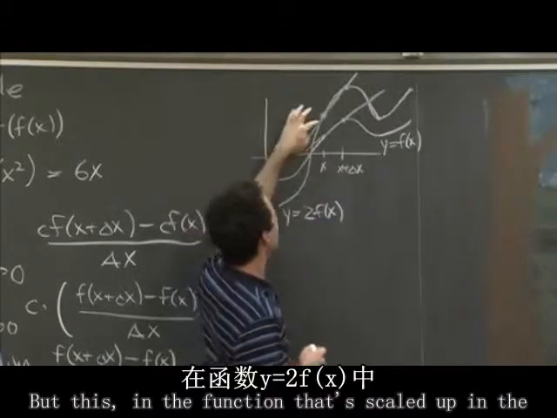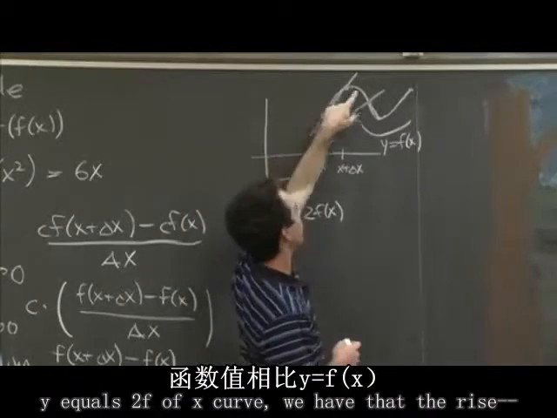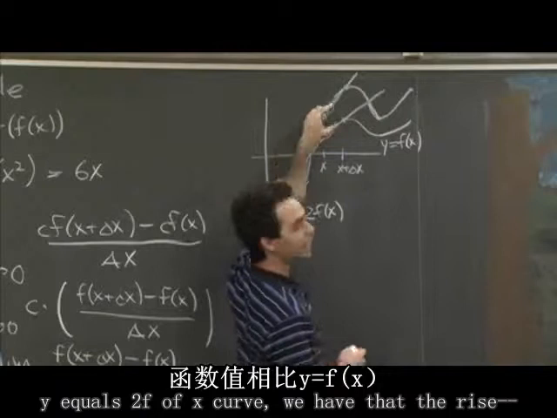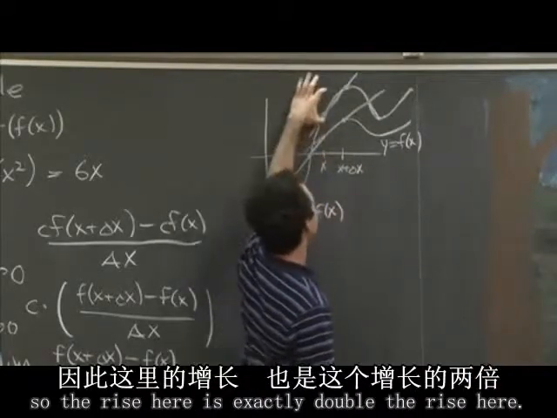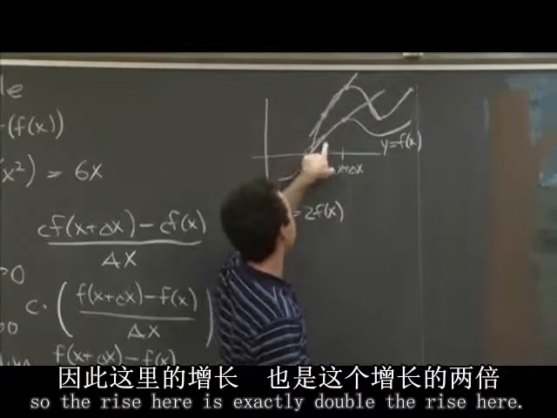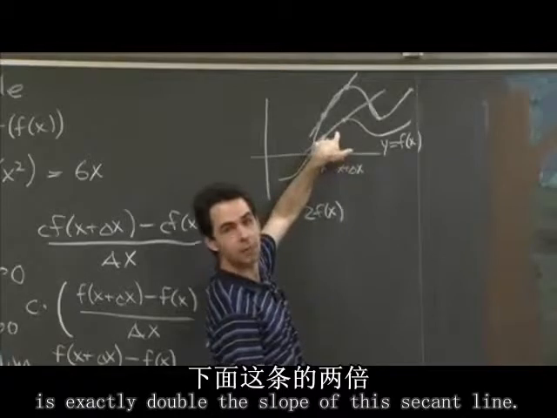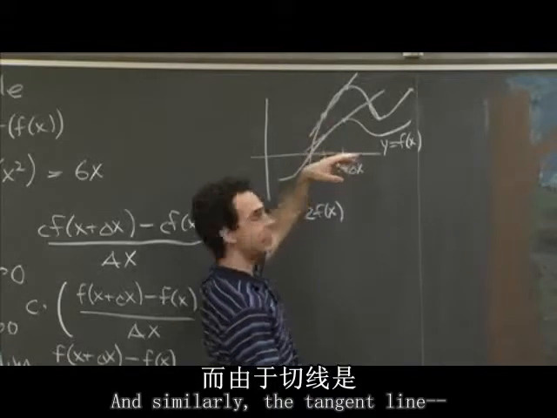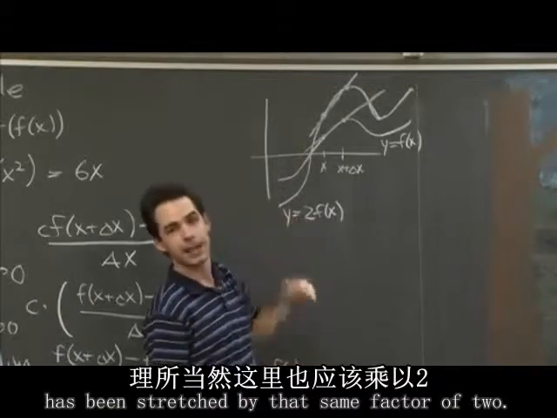But in the function that's scaled up, the y equals 2f of x curve, everything's been stretched upwards by a factor of 2. So the rise here is exactly double the rise here. So the slope of this secant line is exactly double the slope of this secant line. And similarly, the tangent line, just a limit of secant lines, has been stretched by that same factor of 2.